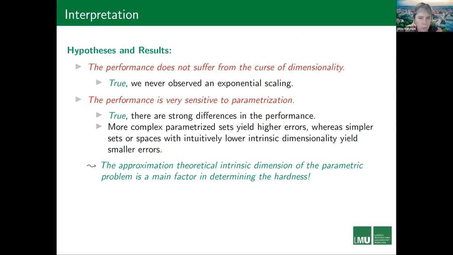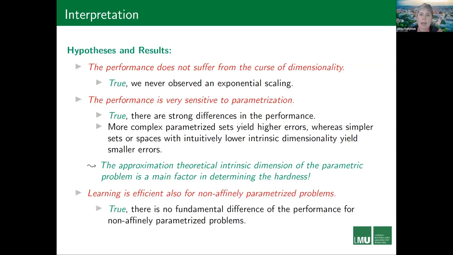What we could also find out, which I didn't discuss here in much detail, is that the intrinsic dimension seems to be a major factor for determining the hardness. Learning is also efficient for these non-affinely parameterized problems, which are really hard in the real world. That is also true, which is very nice. It shows the potential of these methods as opposed to classical methods.